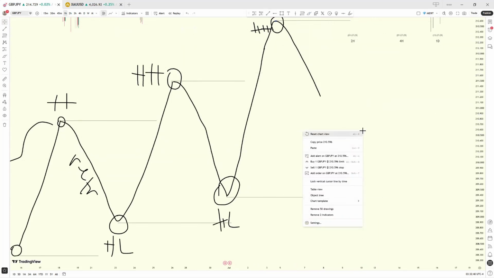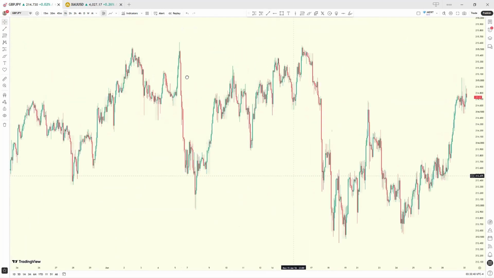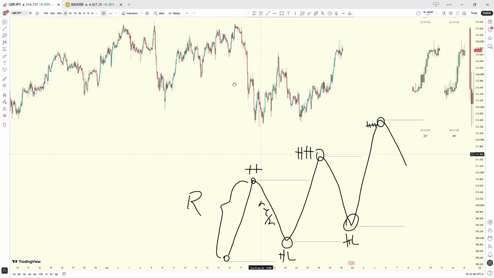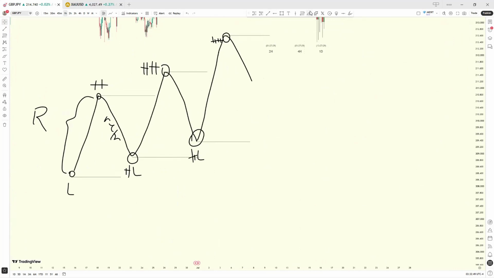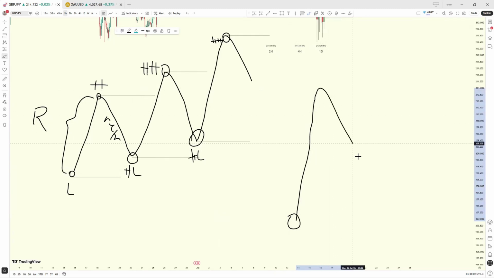So what a true range will automatically look like, where is my drawing? Okay, this is it. For a bullish market structure, now you have the low, you have the high. Remember, you can continue going up. For this to be called a high, you must see that retracement before you can call this a high. Because how else can you identify it? It could just be a straight line still going up.